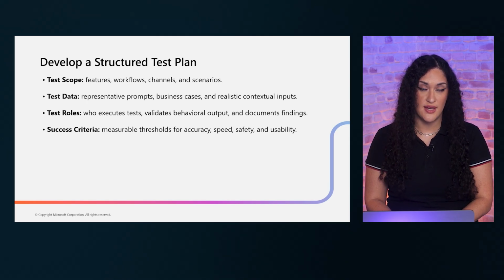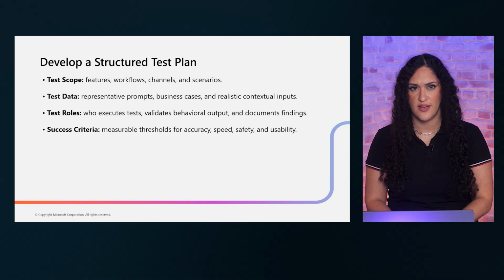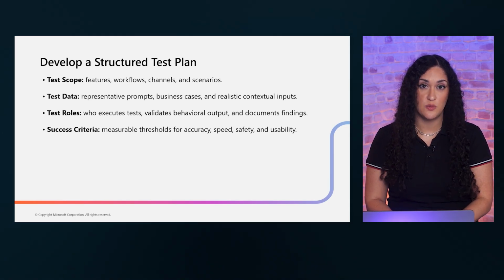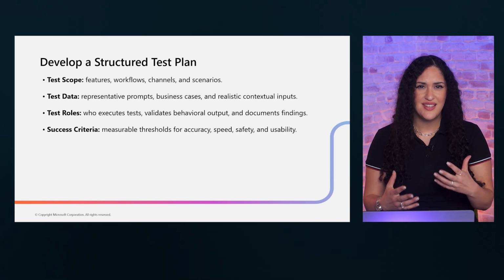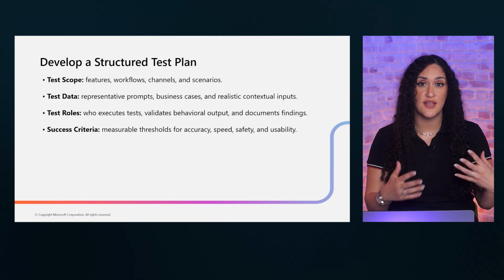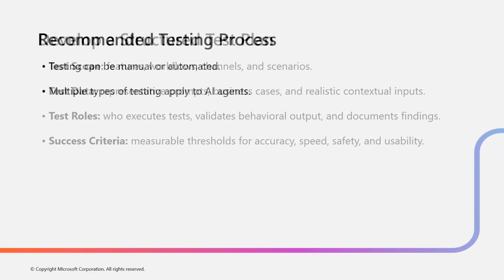Who's executing tests, who's validating the behavioral outputs, and who's documenting findings? And fourth, success criteria. What are your measurable thresholds for accuracy, speed, safety, and usability? The best practice is to define all 4 before testing begins. A vague test plan produces vague results, and vague results don't protect your enterprise.